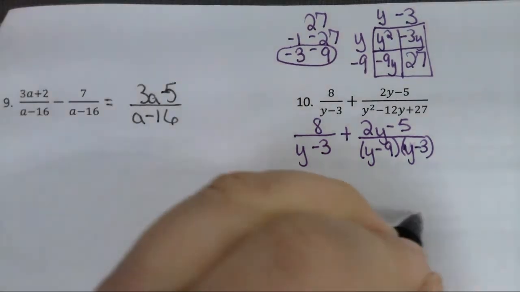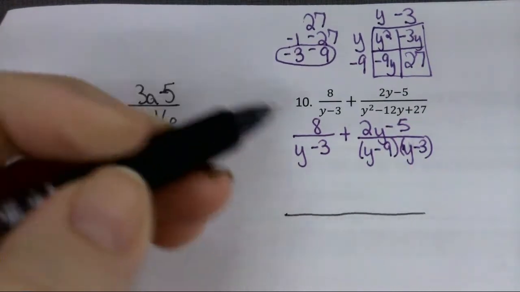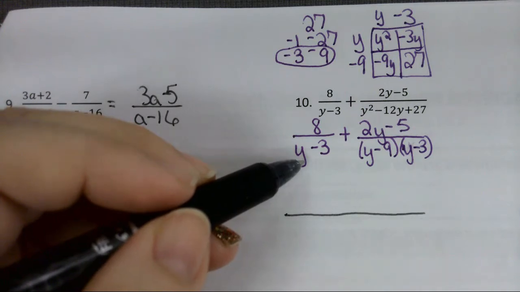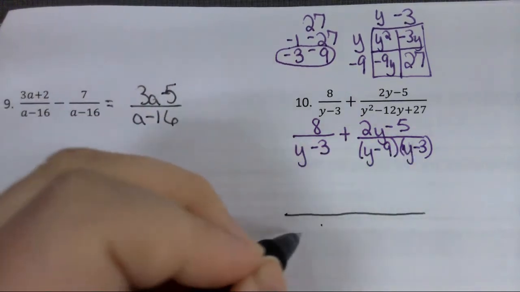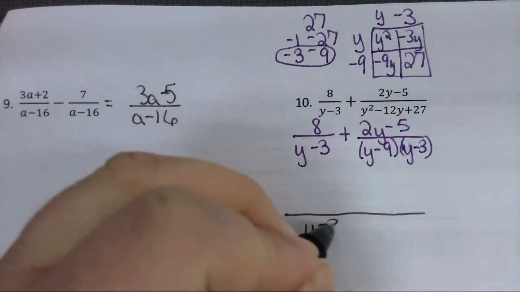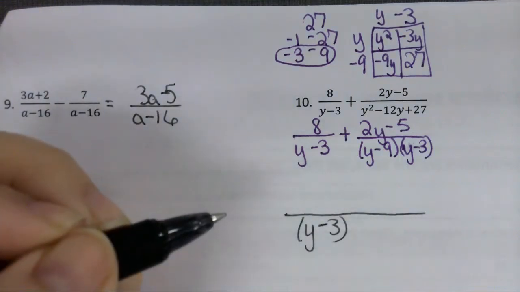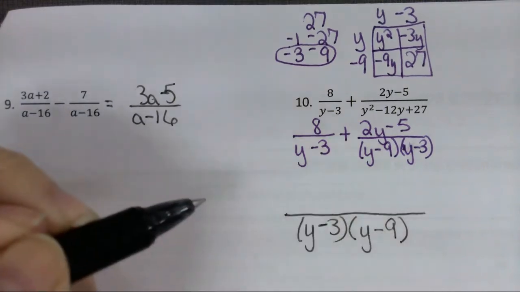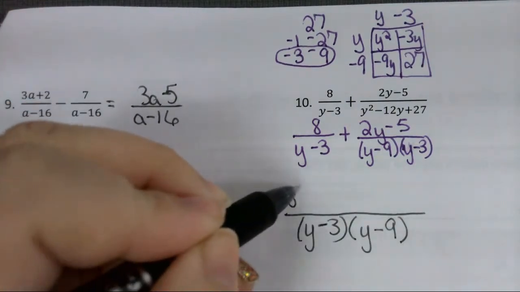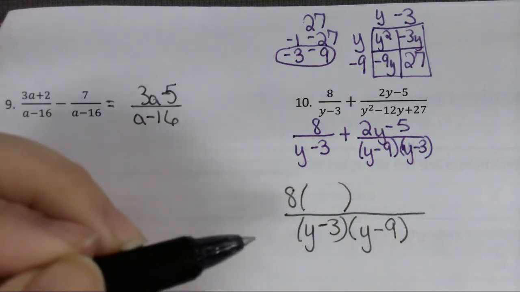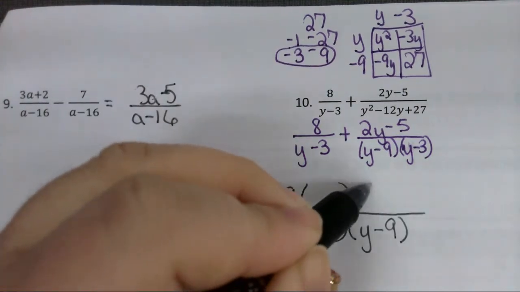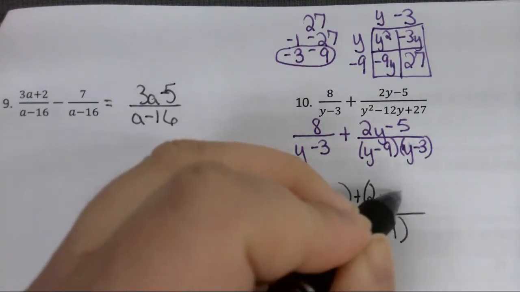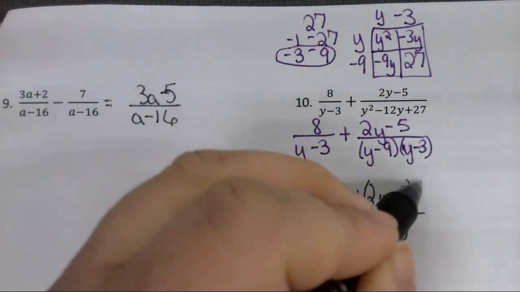We'll write our common denominator now. So which one has the most amount of y minus 3's? That's a tie for 1. Most amount of y minus 9's? Just 1. Now my numerators are going to be multiplied by what I was missing, plus numerator times whatever I was missing.